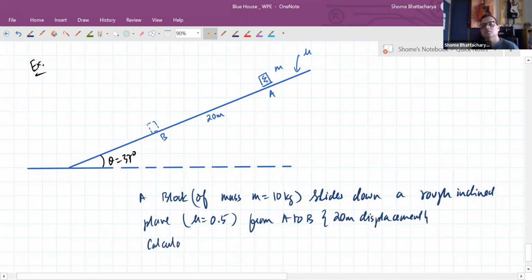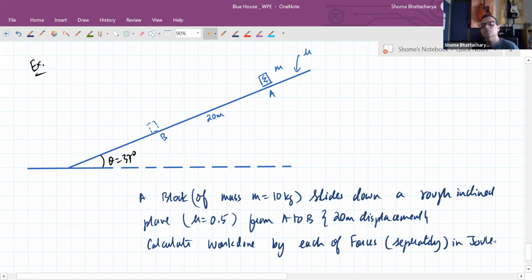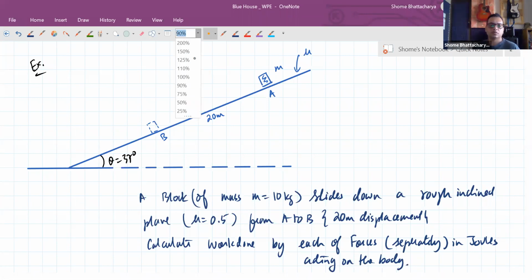Calculate the work done by each of the forces separately, in joules. Each of the forces acting on the body. Calculate the work done by them. Just try out this question, people.